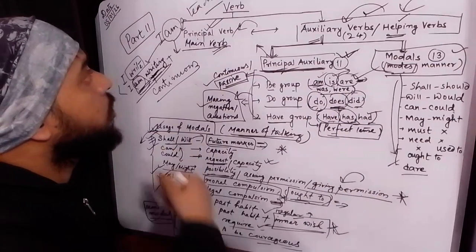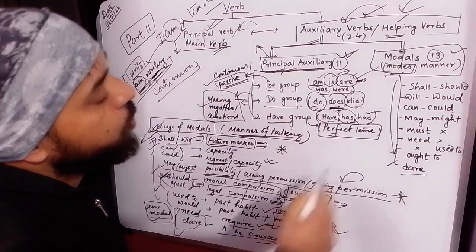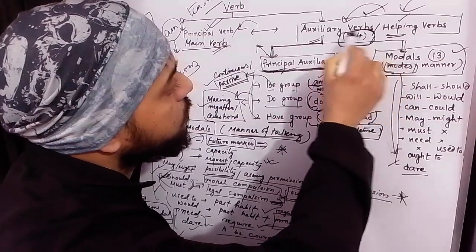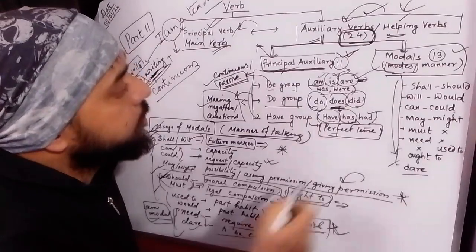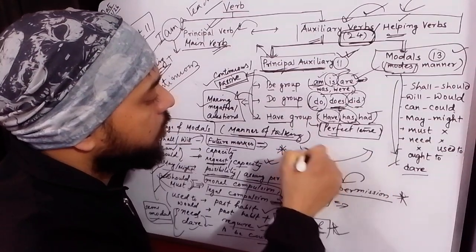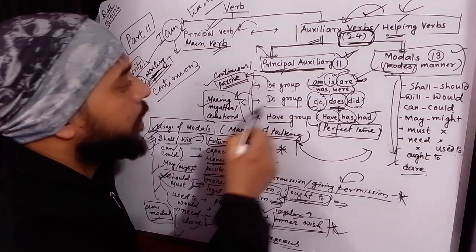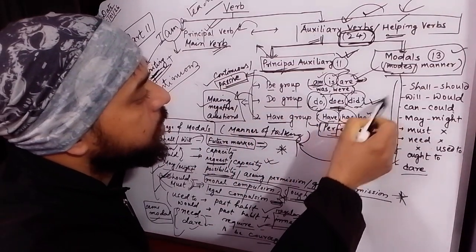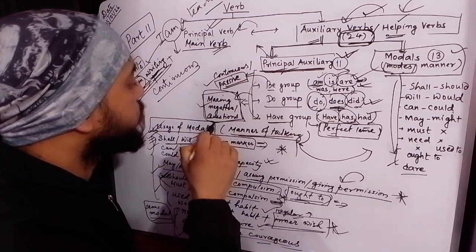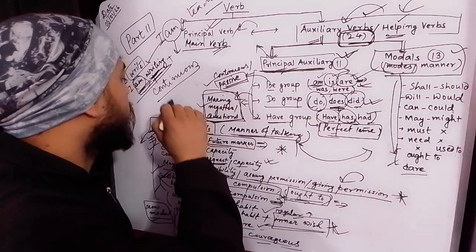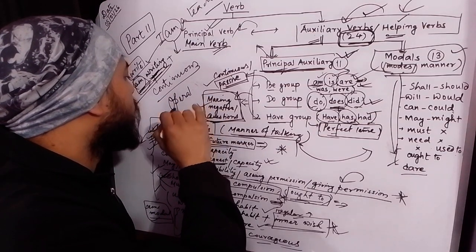So that's all about modal and auxiliary. You must remember, in fact, 24 are there. And these auxiliary verbs, when they are used to make a sentence negative or questions, they are called operators.